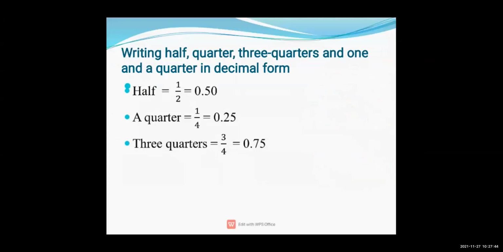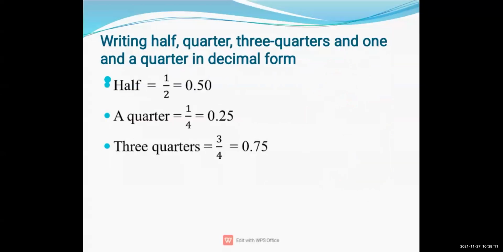Quarter in fraction form is 1/4, and 1/4 is written as 0.25. Next is three quarter. Three quarter means 3/4, and 3/4 will be written as 0.75. Clear? So in this way, you are going to write the decimal form.